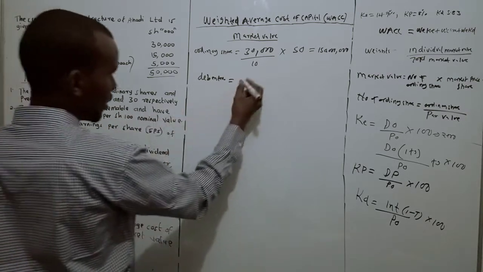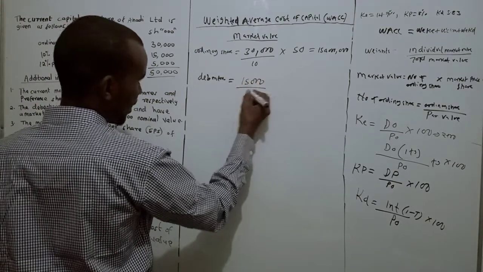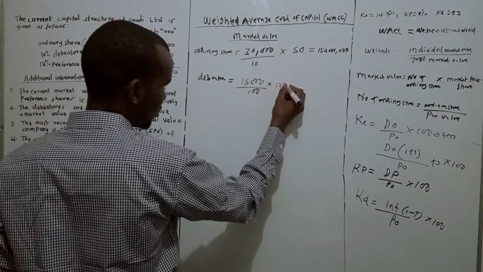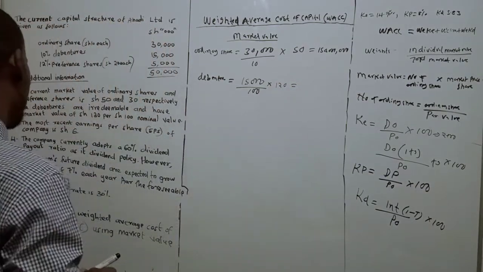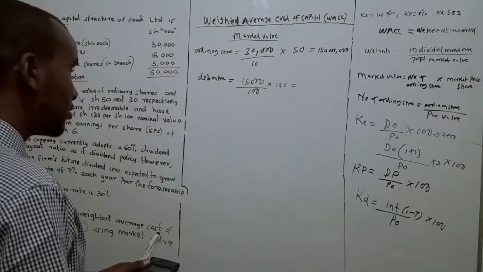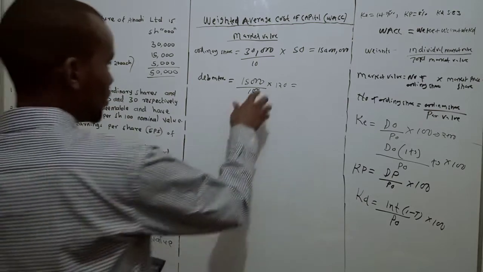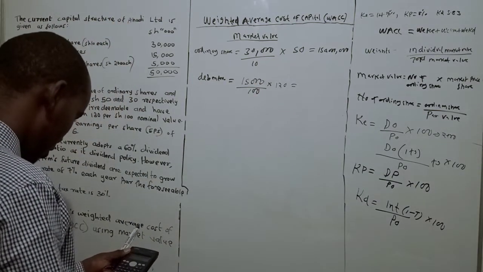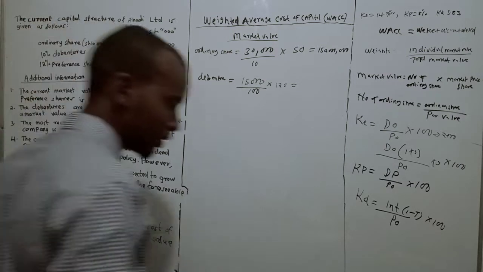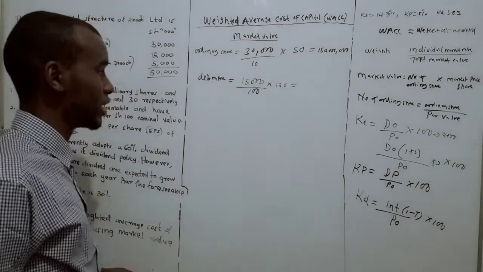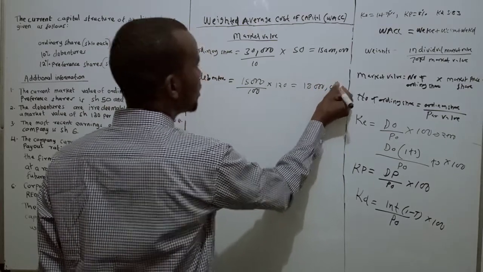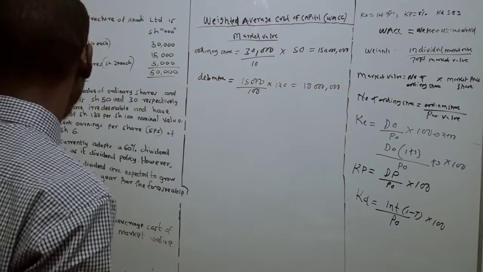So we take 15,000 divided by 100, then multiplied by 120, which is the market price of the debenture. I'm getting 18,000. Remember, the figures were in thousands, so it's going to be 18 million.